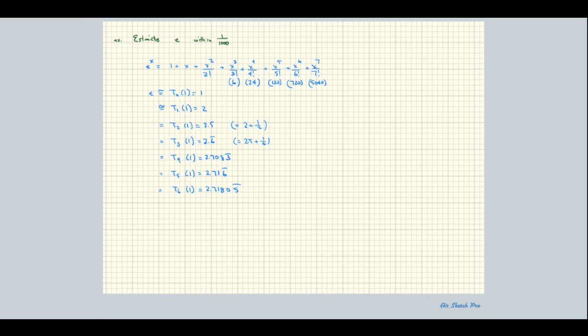T5's repeating, and then T7 of 1. Yeah, but at this point I know I'm good.